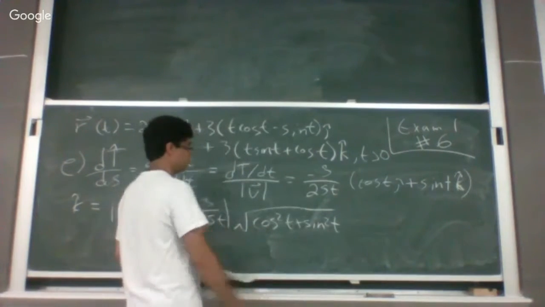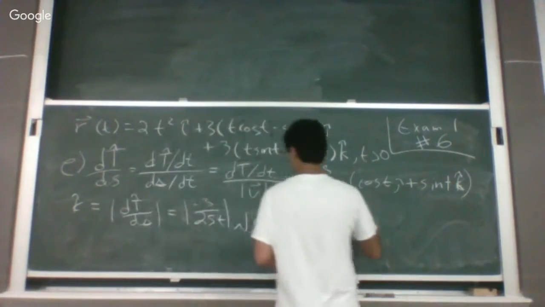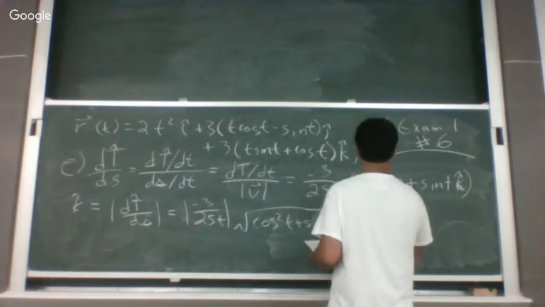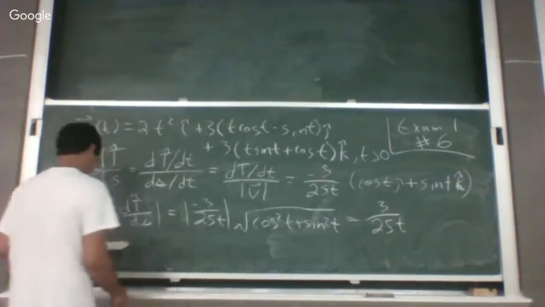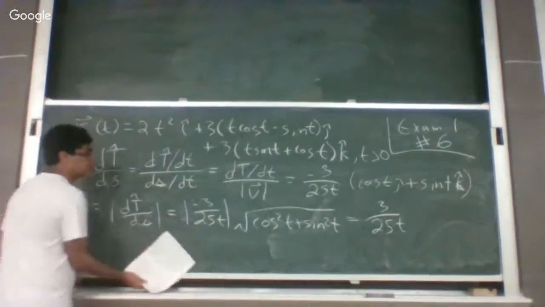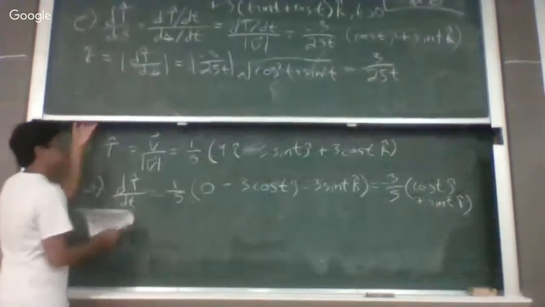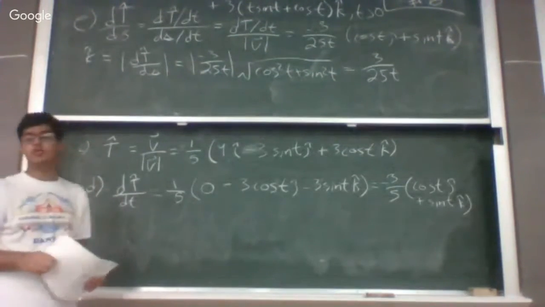So we know this is just going to be 1 inside the square root. So this is equal to 3 over 25t. Any questions on that?